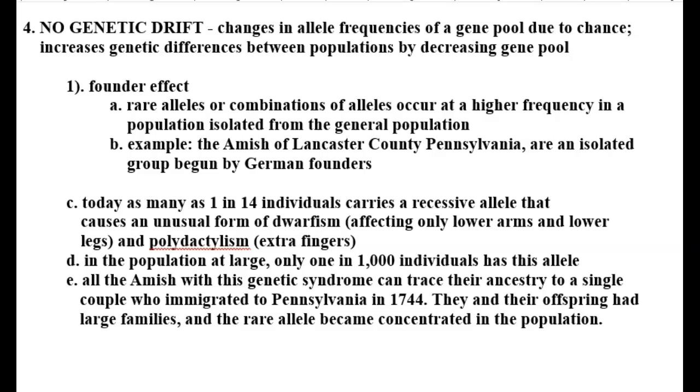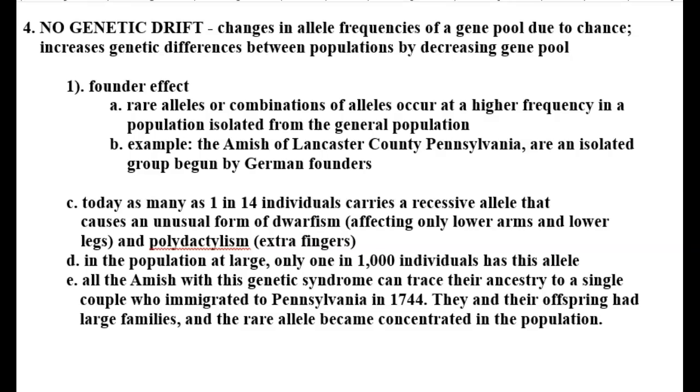Here's an example, the Amish of Lancaster County, Pennsylvania. Today, as many as 1 in 14 individuals carry a recessive allele that causes an unusual form of dwarfism. It affects only the lower arms and lower legs, and also carries alleles for polydactylism, extra fingers.